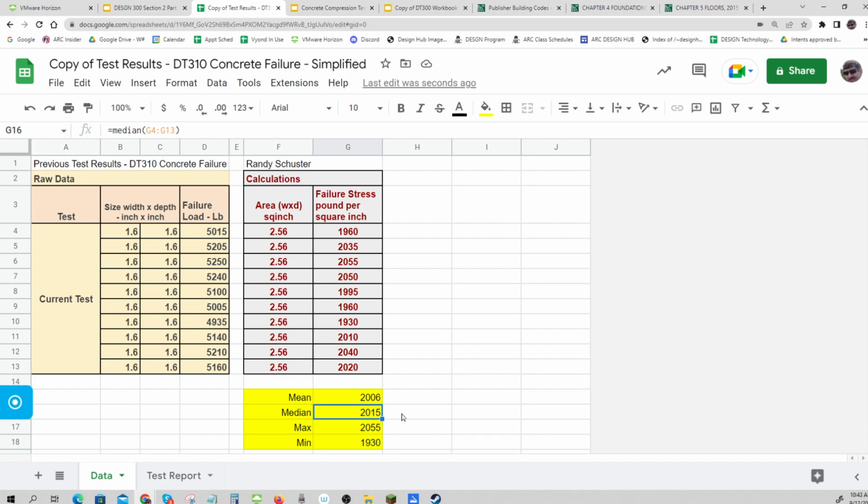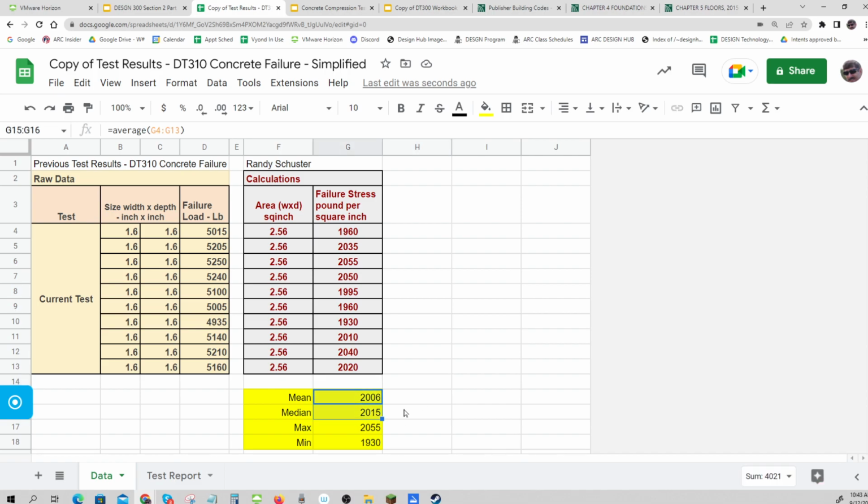It's actually the same number of values above it as are below it. So if I took 215, I'd find the same number of values that are above it and the same number of values that are below it.